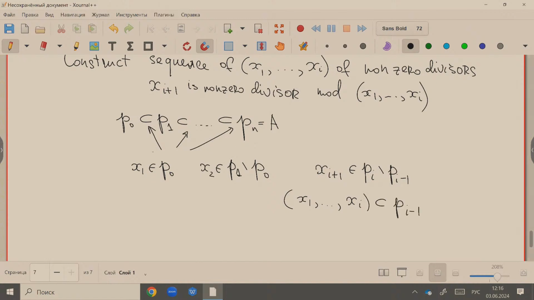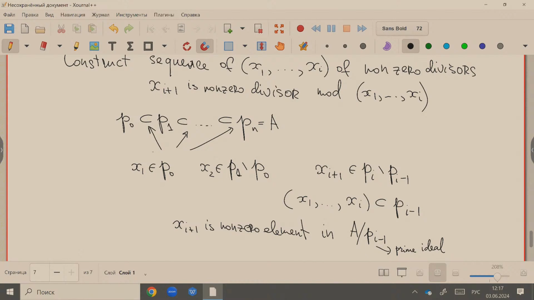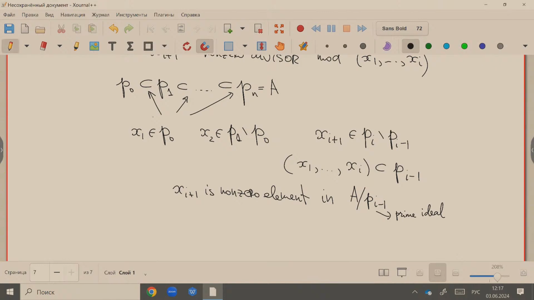So this means that xi plus 1 is a non-zero element in A mod pi minus 1, and this is a prime ideal. So that means that xi plus 1 is a non-zero divisor modulo.